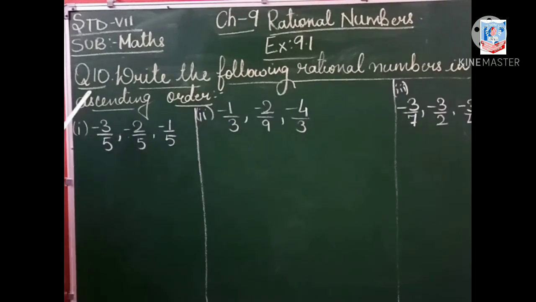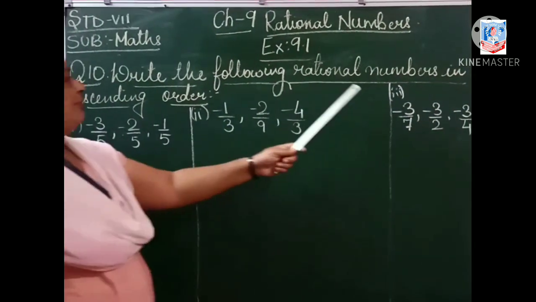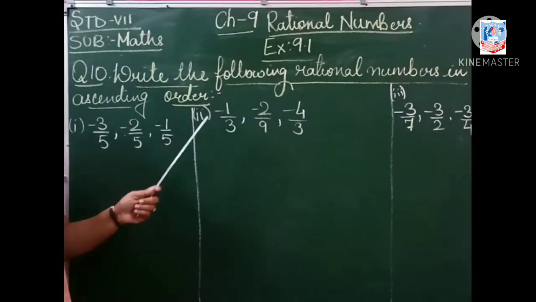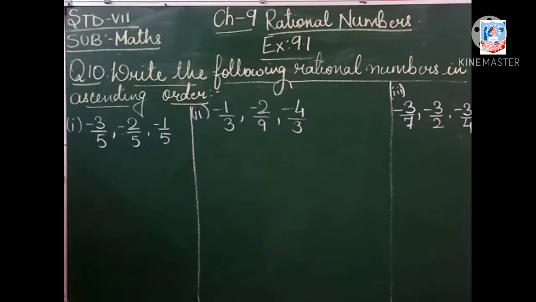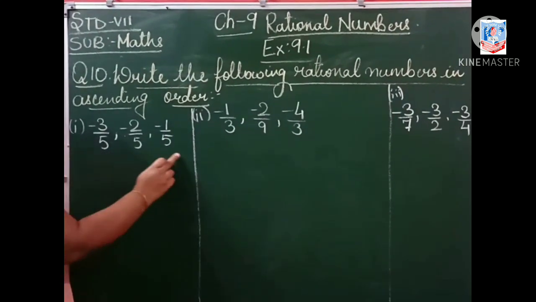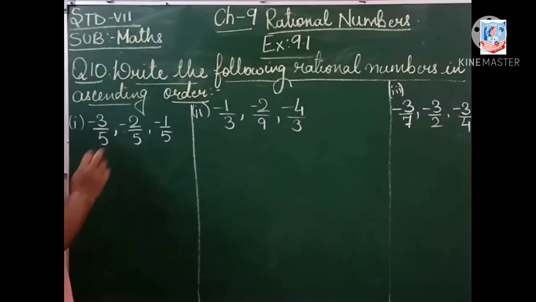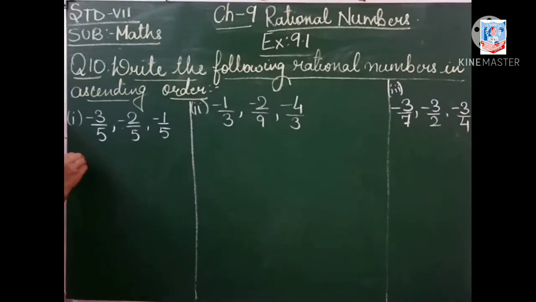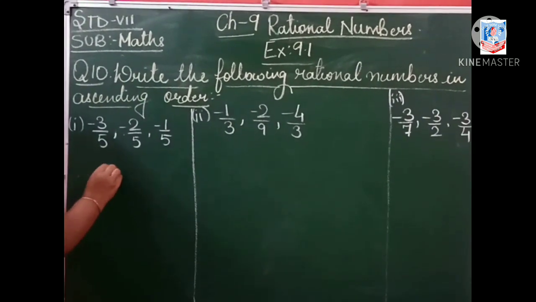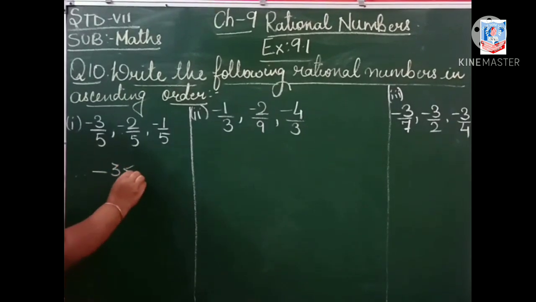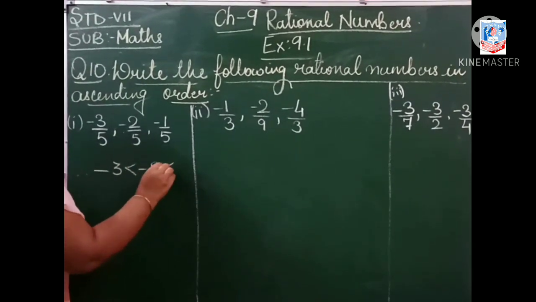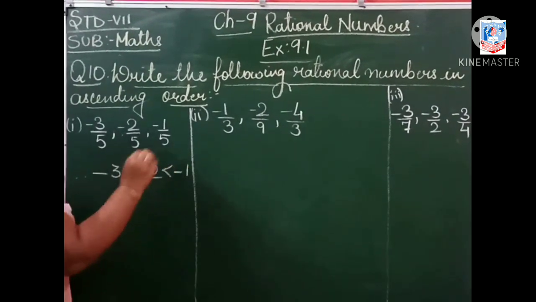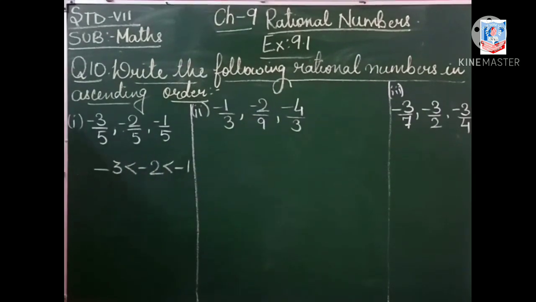Question number 10. Write the following rational numbers in ascending order. Now see, here all the denominators are the same. Now you know, in negative numbers, minus 3 is less than minus 2 is less than minus 1.